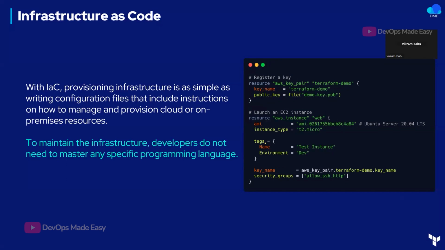Of course, some values like the instance type and the AMI ID are hard coded, but you can also make it generic with the use of Terraform variables. But since you have the entire infrastructure defined in the form of code, I can use the same code to provision infrastructure across multiple regions or multiple AWS accounts. And I can be rest assured that I'll get a similar setup across all these environments.